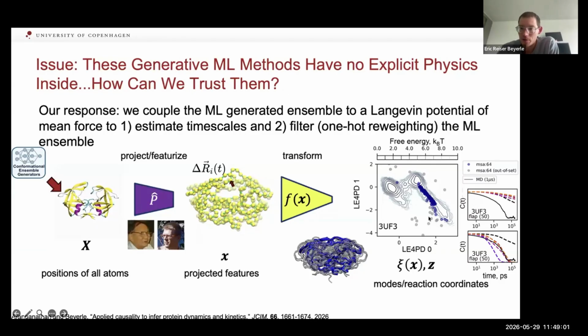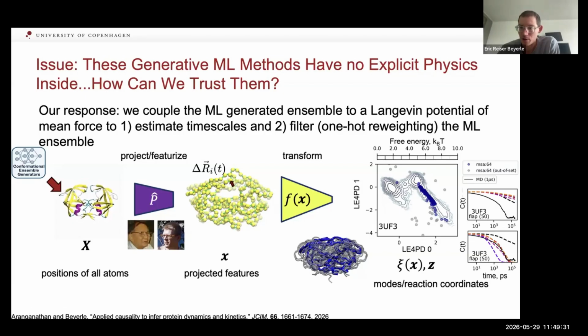But if we filter out these out-of-set structures from the calculation of the potential mean force of this Langevin equation, and then we go back and calculate these time correlation functions, the top plot is if we keep all structures, the bottom plot is if we remove these structures that fall outside of the span of the 1 microsecond simulation, then we can get time correlation functions that are generally in better agreement with MD.